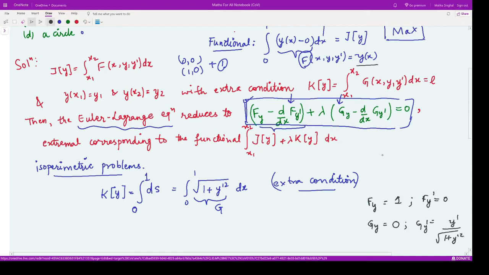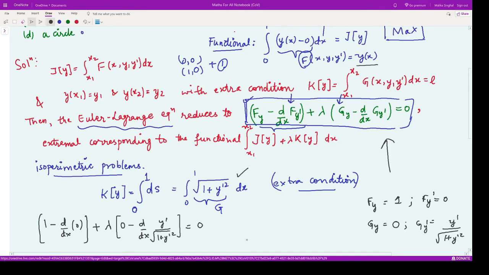Let's plug these values into the equation. What we get is 1 minus d/dx of 0, plus lambda times, where lambda is a constant which has to be determined using the extra condition, 0 minus d/dx of y' divided by the square root of 1 plus y' squared, equal to 0.